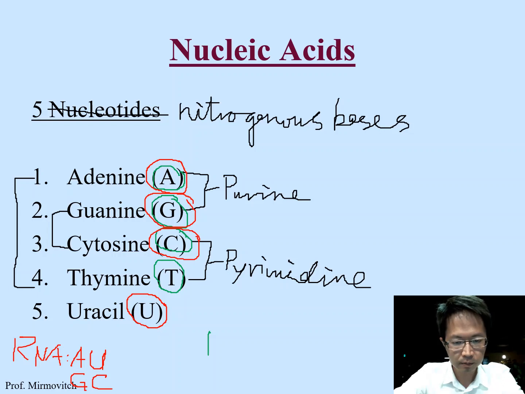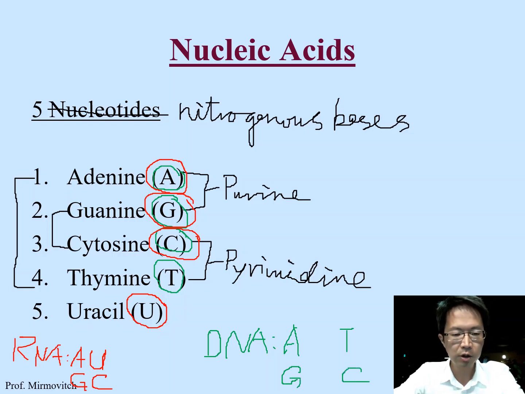DNA: A, T, G, C. Why do I put it this way?